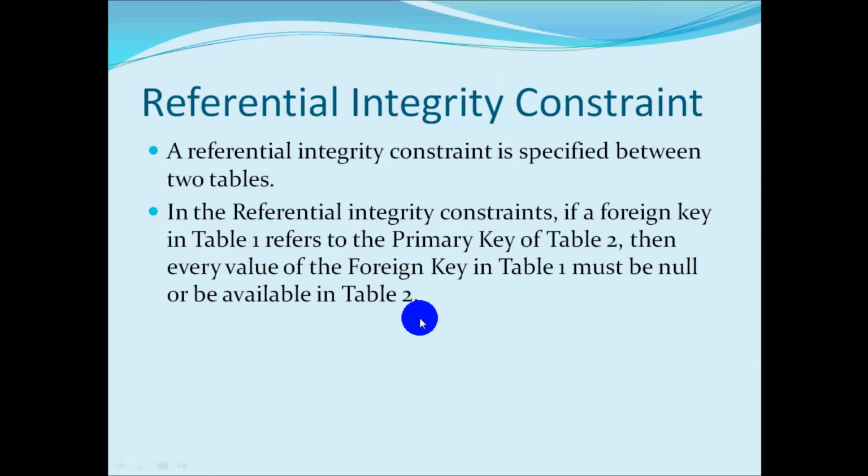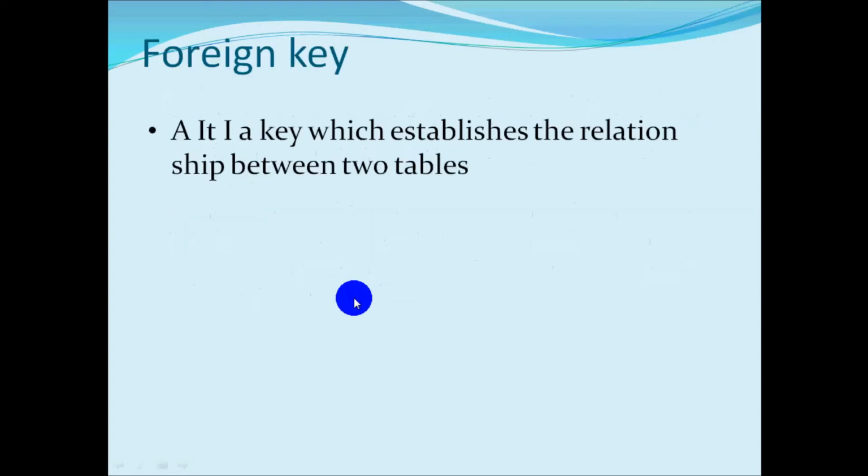It means that table 1 should always be a subset of table 2. Table 2 has the primary key and table 1 is referring to that primary key. That primary key becomes the foreign key for table 1 and the same key remains the primary key for table 2. Got it?